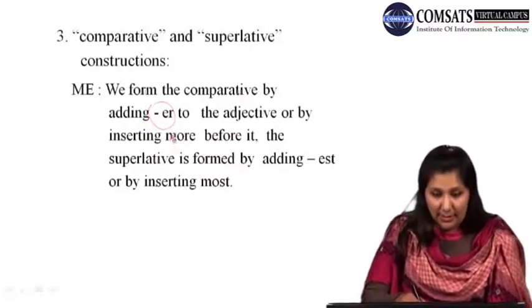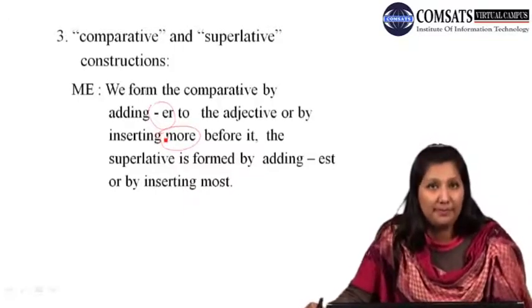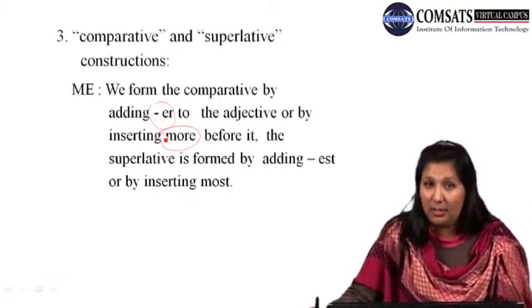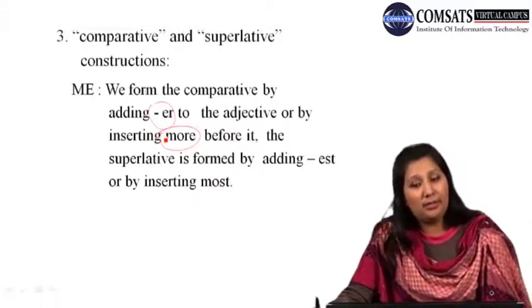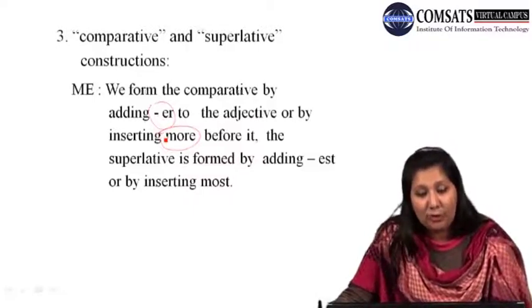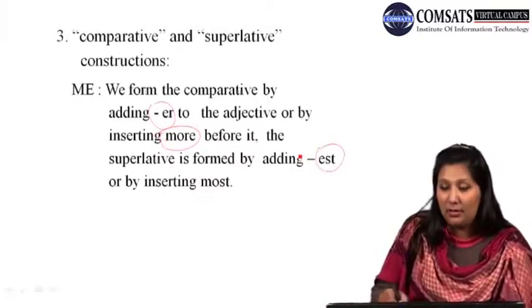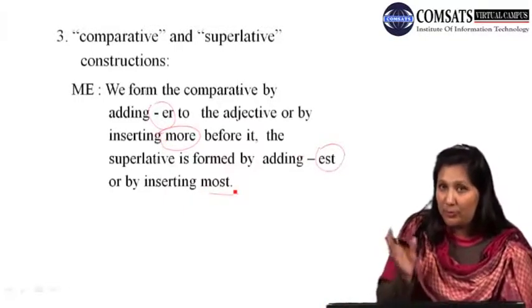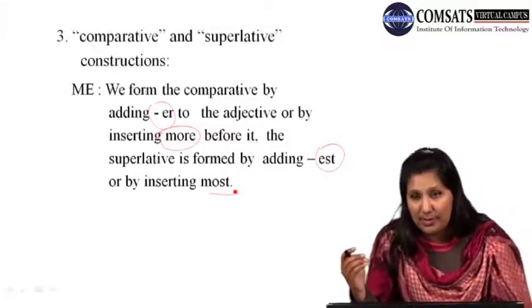Okay? There are the two instances. In some instances we add more if it is a comparison, and sometimes we would add "er". The superlative is formed by adding "est" or by inserting most. Most would come before, the est comes towards the end.